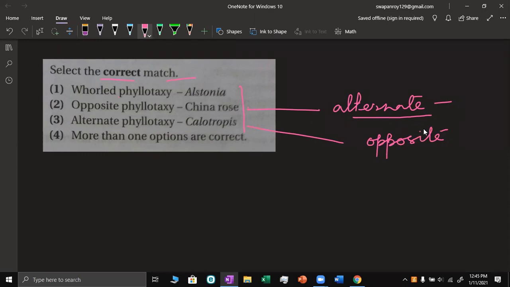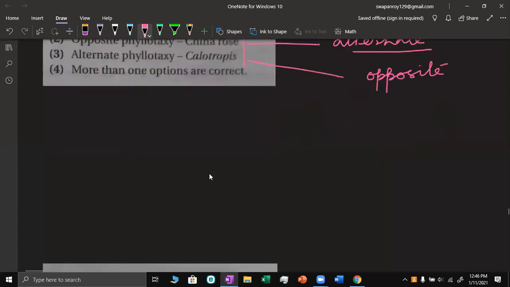Of course, this Calotropis example is not there in the NCERT books, perhaps. And whorled phyllotaxy is Alstonia. This one is correct. So only one option is correct, not more than one. The other two options are incorrect examples.